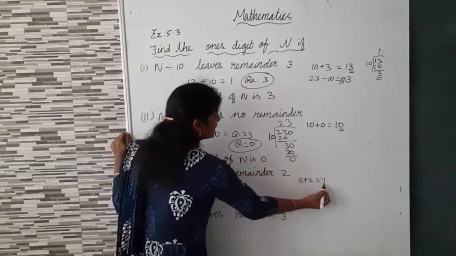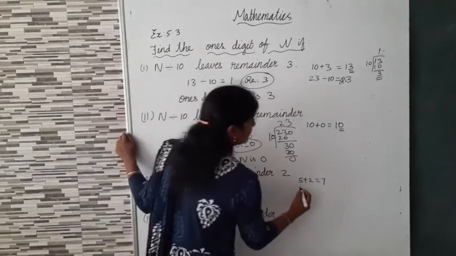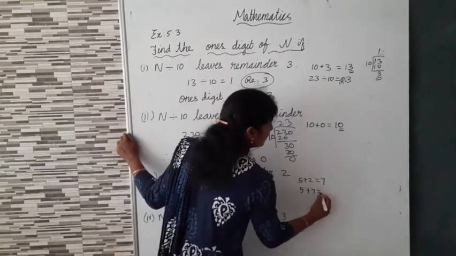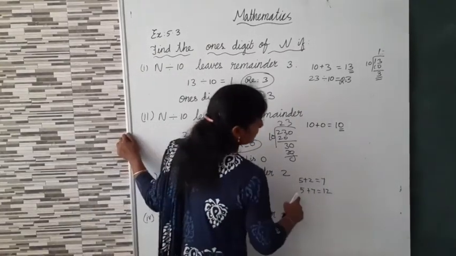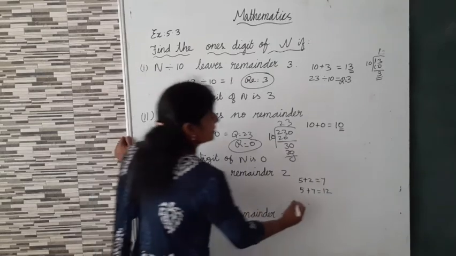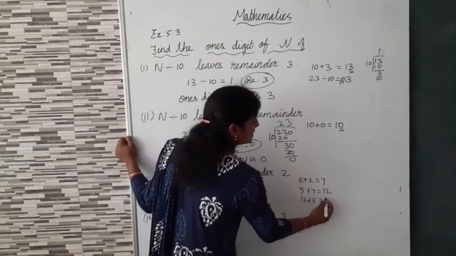Then we can add 7 plus 5 is equal to 12. Now 12 plus 5 is equal to 17.